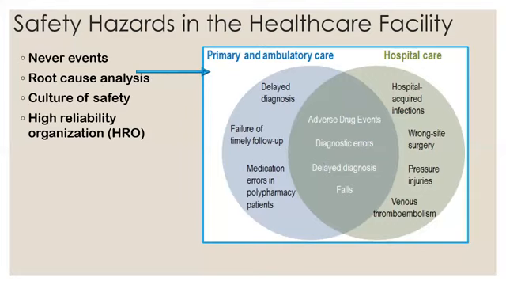Key components include team empowerment, open and honest lines of communication, transparency between team members, and accountability. A high reliability organization, or HRO, is a commitment to patient safety and quality healthcare, and is based on maintaining high organizational standards that we should all shoot for.